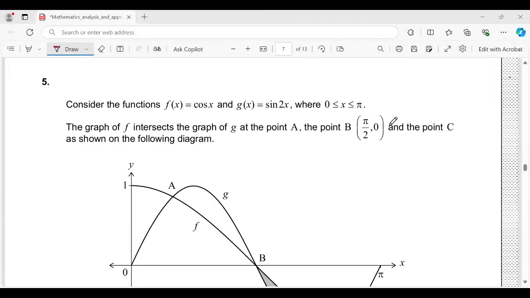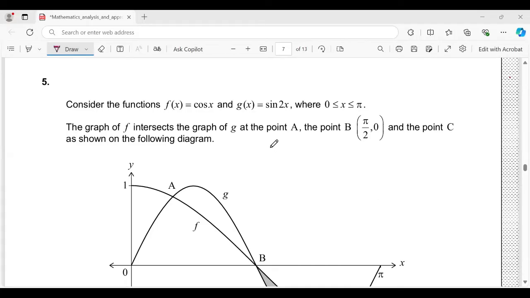Number 5, consider the functions f(x) equals cosine x and g(x) equals sine 2x, where x is in the interval from 0 to pi. The graph of function f intersects the graph of function g at point A, here.